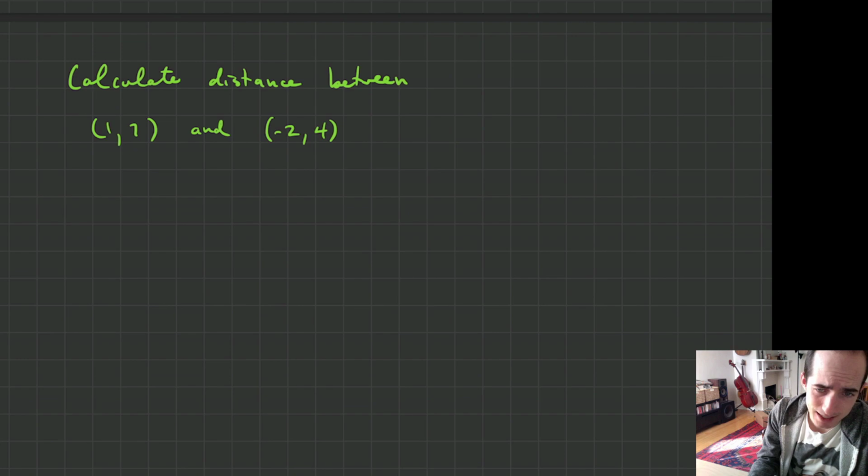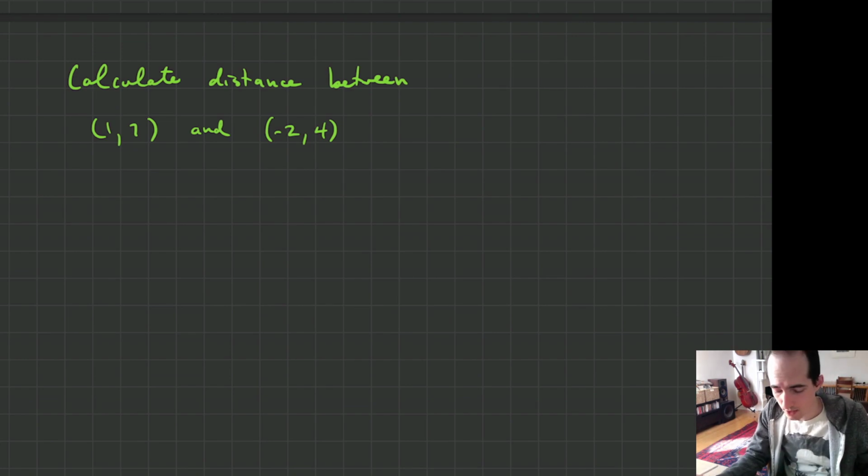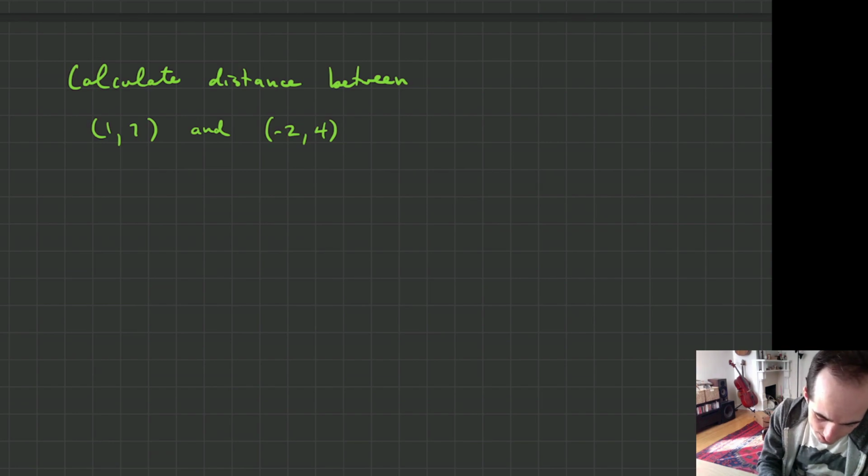In a lot of ways, it is kind of nice when you're not given the graph, because you are just given the points and you don't have to figure out what those points are. So I'm going to say that this one is P and this one is Q. So this is going to be x1, y1, this is going to be x2, y2.